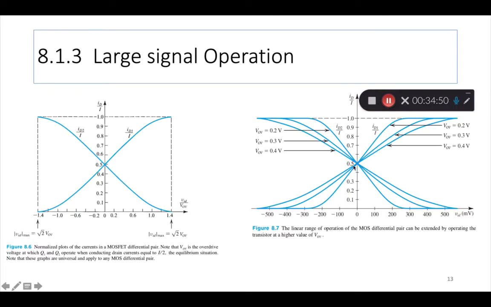So this graph tells us that as you increase the overdrive voltage, so let's say the overdrive voltage is 0.2 and that is the graph. It is linear up to this point and then it becomes nonlinear and it kind of flattens out. Compare that to this graph with VOV is 0.4.